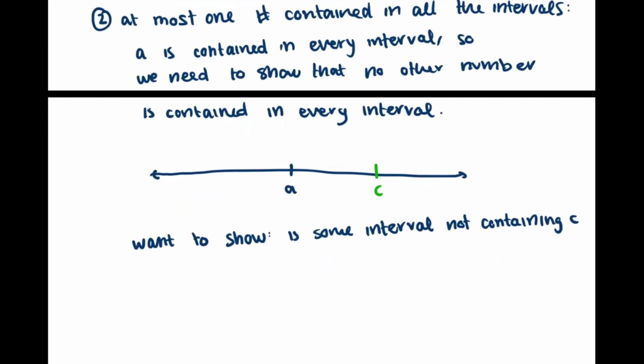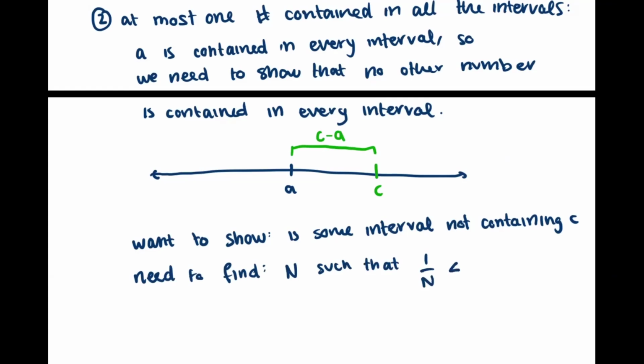This distance is C minus A. So I need to come up with a number n such that 1 over n is less than C minus A. So I need to find some integer n such that this distance, 1 over n, is less than C minus A. All I need to do is flip around this inequality.